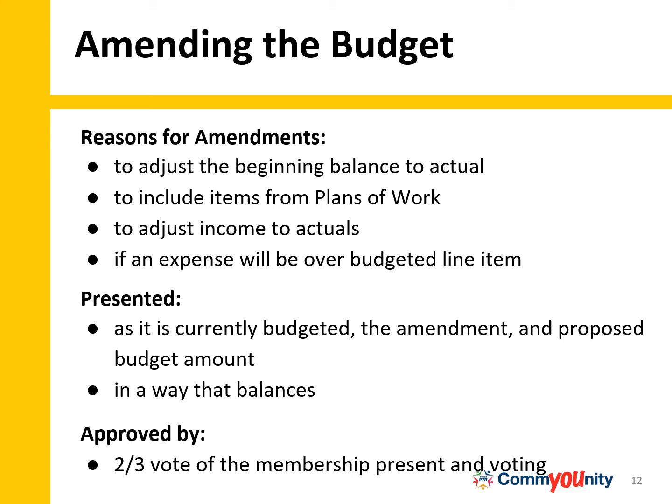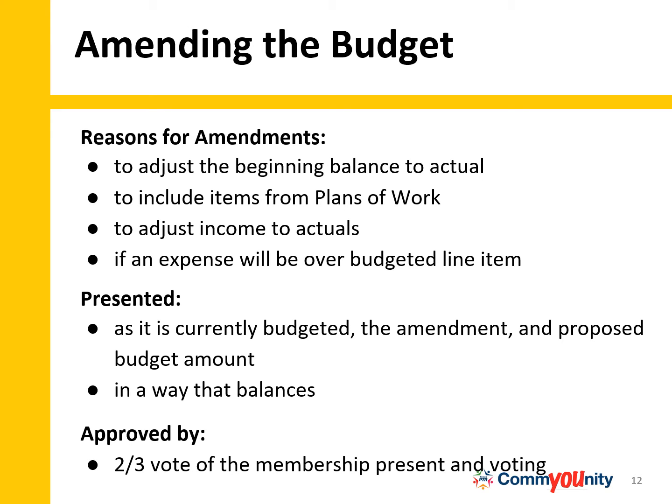Other budget amendments that may be necessary are amendments to add items that are included in the plans of work that were submitted to the Executive Board and approved, amendments to bring fundraisers and other income to actuals, amendments to get approval to spend more than was originally approved for a budget line item.